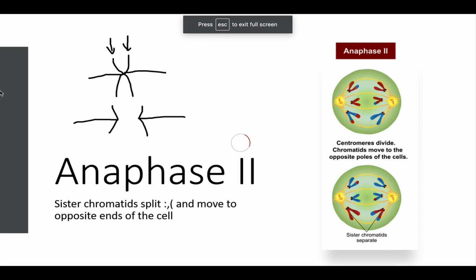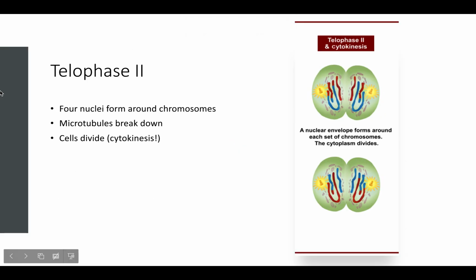Moving on to telophase 2, all right? This is the very last part of meiosis 2, all right? So what happens is 4 nuclei form around the chromosomes, okay? So we're going to have nuclei that start to form in this cell, and in these 2 cells down here, all right?